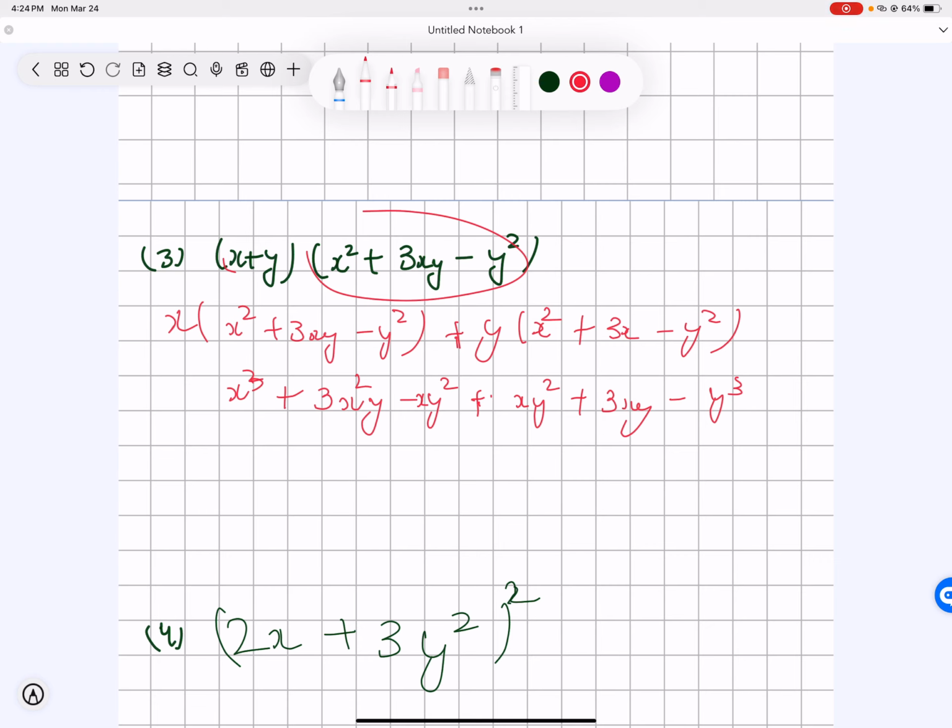So we're gonna look for like terms. We have no cube roots, so it's gonna be x cubed.